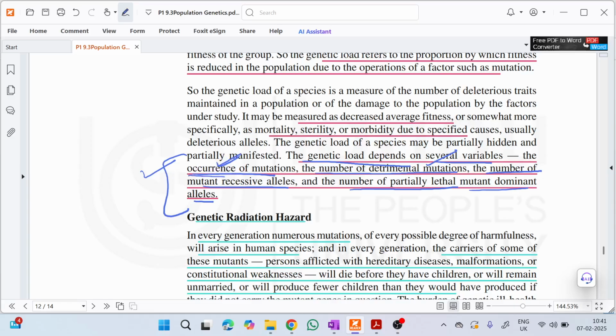The first, occurrence of mutation, it means the frequency of mutations in a particular population.